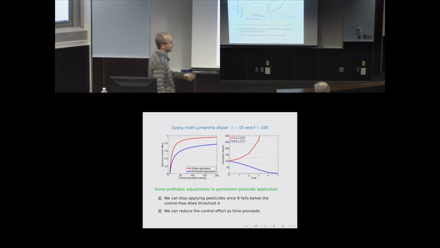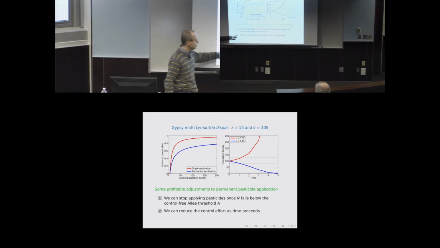Of course, you need not use the permanent application forever. That would be useless. But if there is an inherent Allee effect in the population, it's your friend, because once the population gets below the threshold, you can stop controlling, and again nature does the rest.